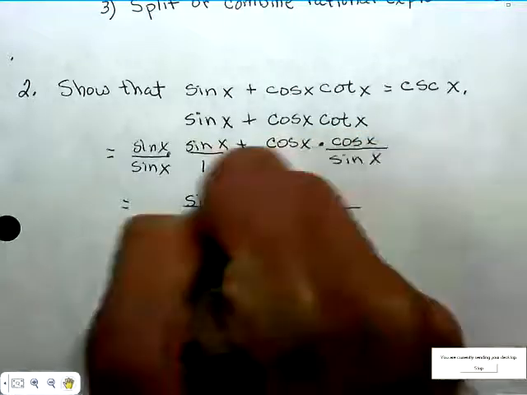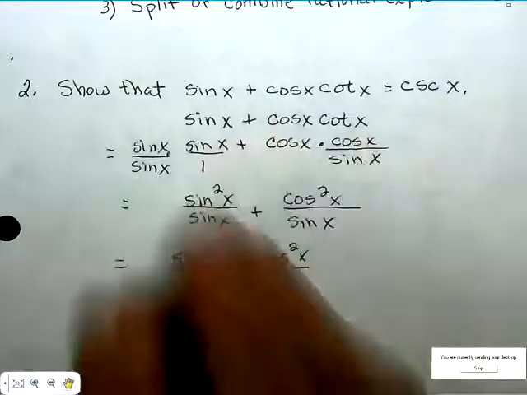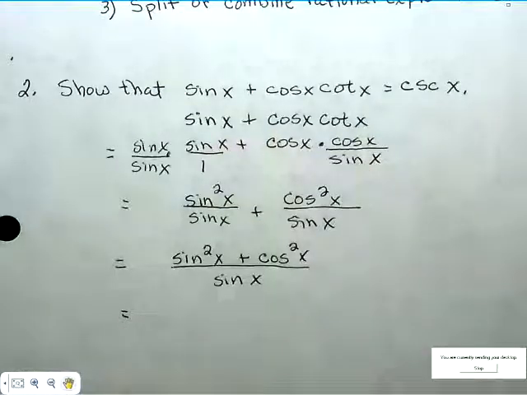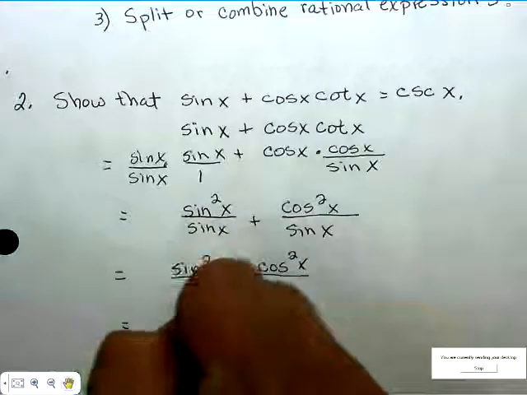You have two fractions you can combine, and when you do, your numerator is a Pythagorean identity. Sine squared plus cosine squared is 1, and 1 over sine x is cosecant x.